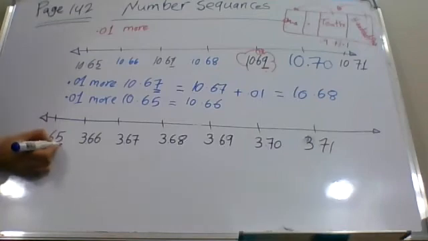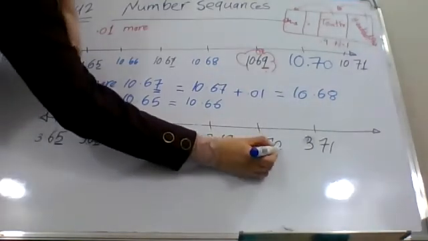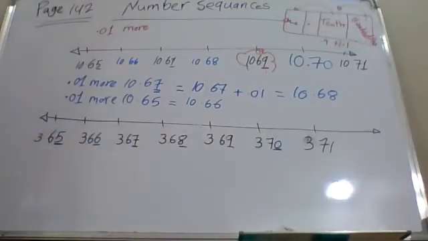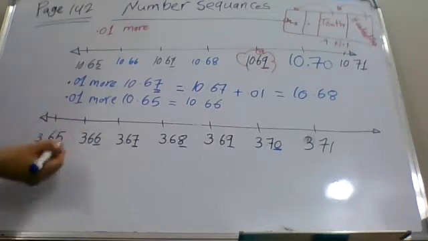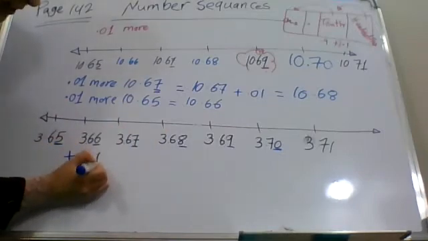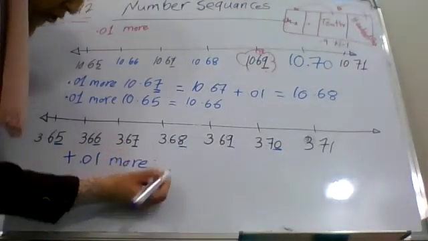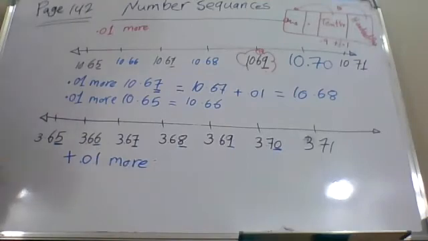Again, it's the 100th place each time changing, right? Excellent. So you need to tell me what is the changing sequence over here. We are changing 1 each time. So we are adding 0.01 more, okay? So it's 100th more, okay?